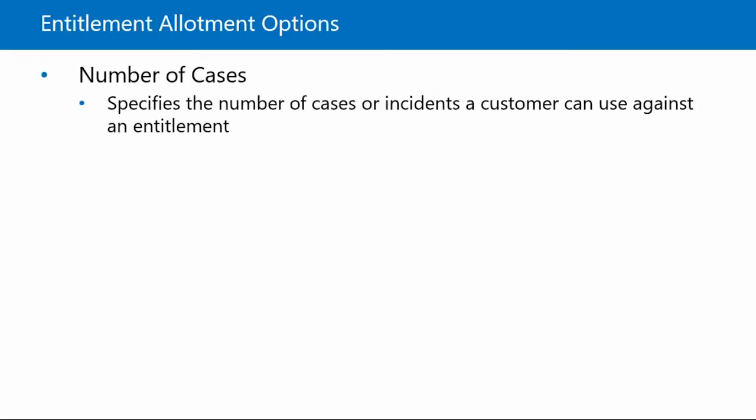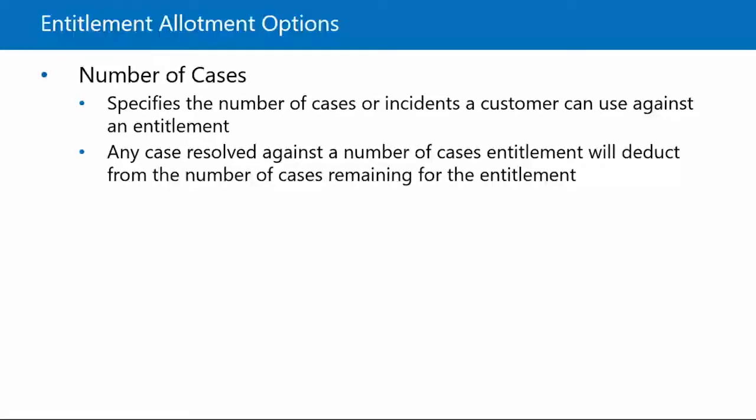Now, as we talked about, the 2 allotment types are number of cases and number of hours. The number of cases specifies the number of cases or incidences a customer can use against an entitlement. Any case resolved against a number of cases entitlement will deduct from the number of cases remaining for that entitlement.